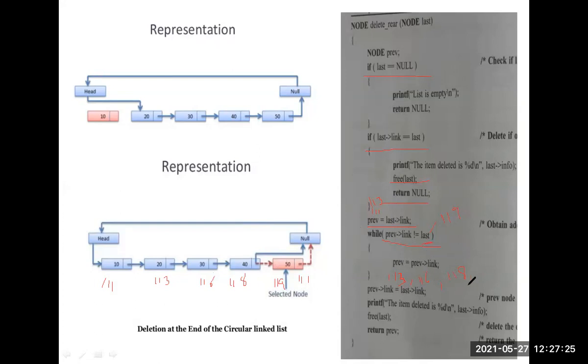Now previous is 118, so in the link of 118 you have to store the first node address. So previous of link equal to last of link, that is 111. This is stored in this one. Now you remove the last of info, free node last, then return previous. So previous is the first node here.